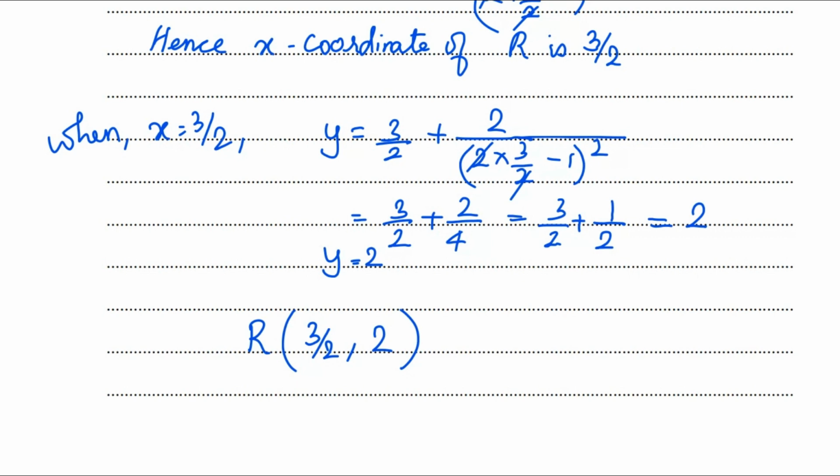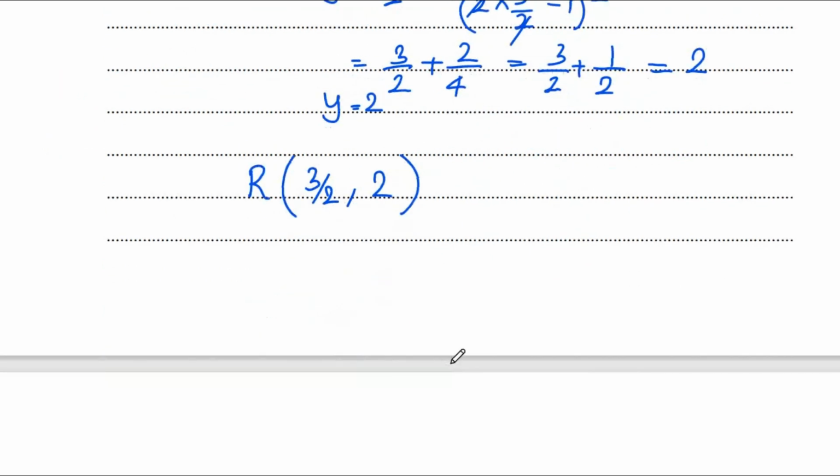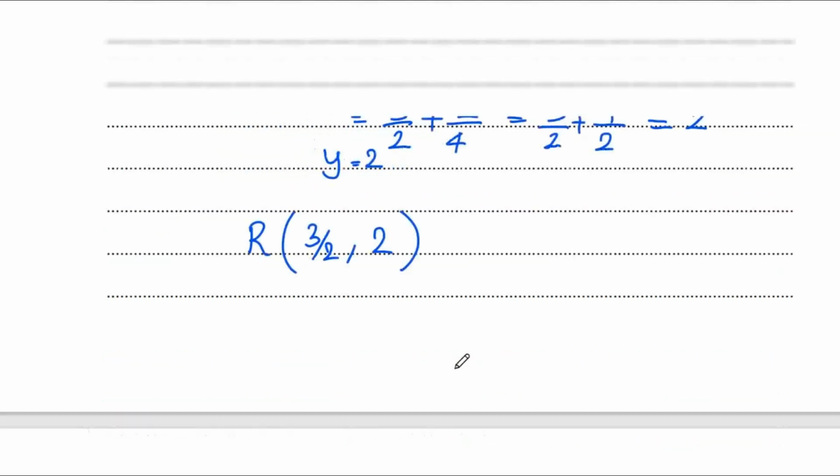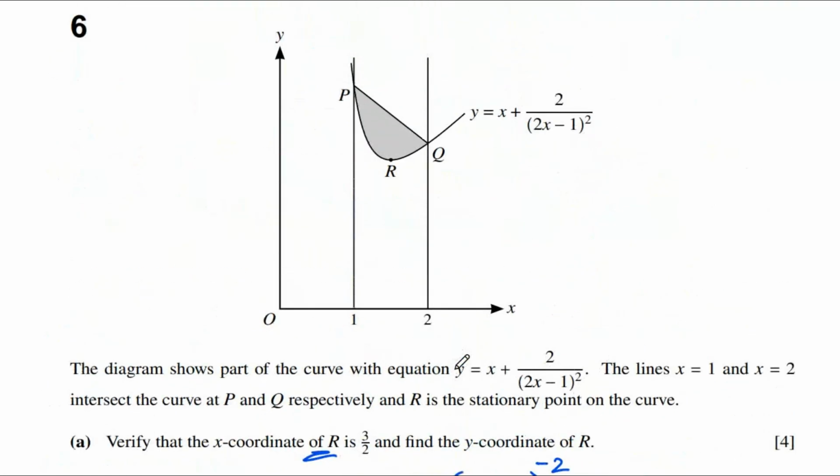The next part of the question is find the exact value of the area of the shaded region. To find the area of the shaded region, we have to find first the area under the line PQ.